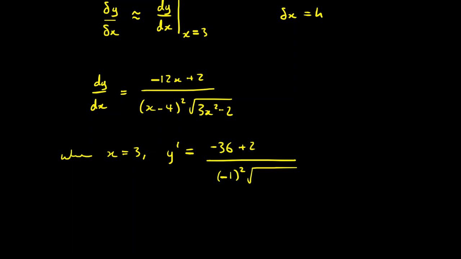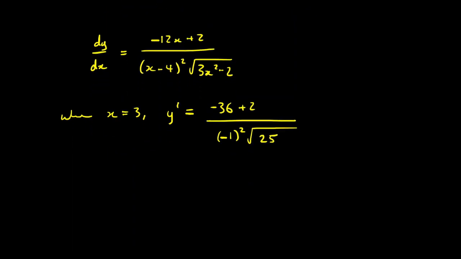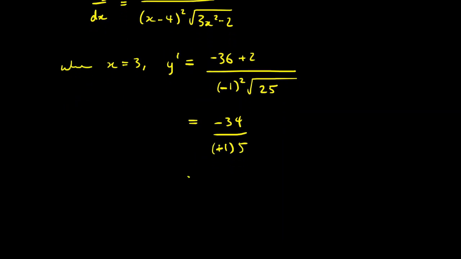So 3 squared is 9, times by 3 is 27. 27 minus 2 is 25. And so 25 square roots to give 5. So negative 36 plus 2 is negative 34 over positive 1 times by 5. So you're going to get negative 34 upon 5.